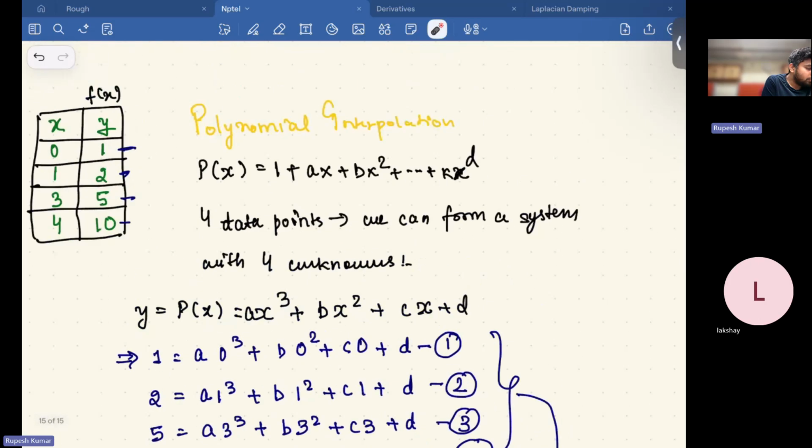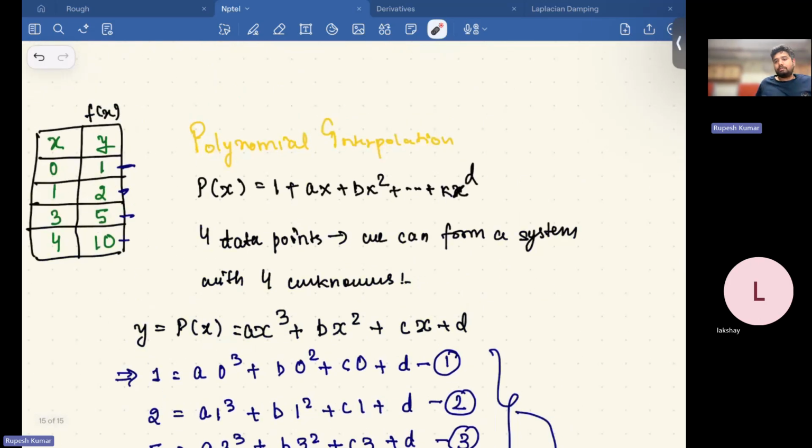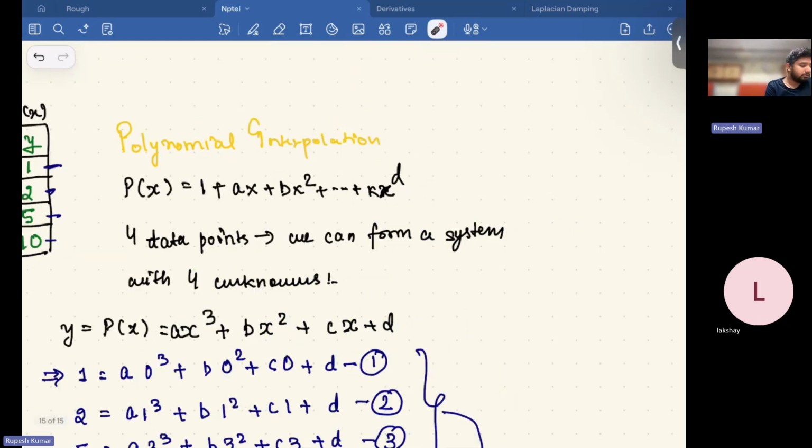Now, let's say this is our polynomial function.